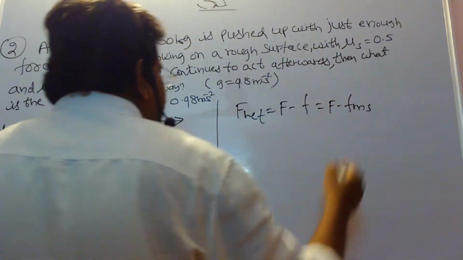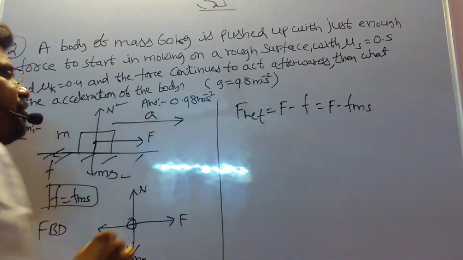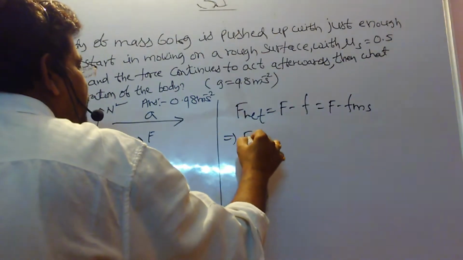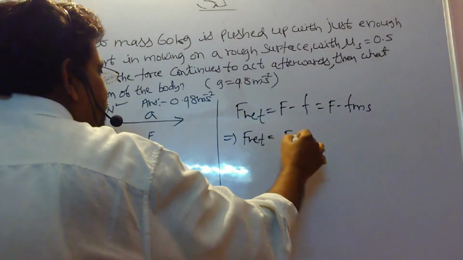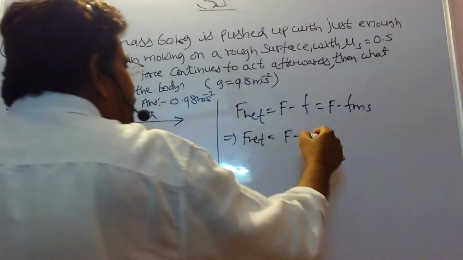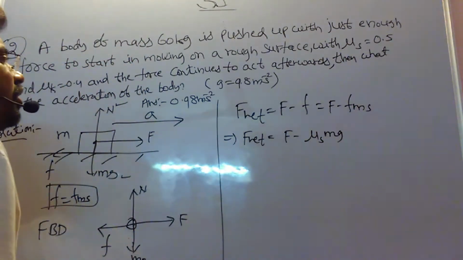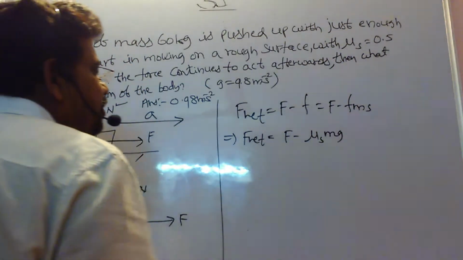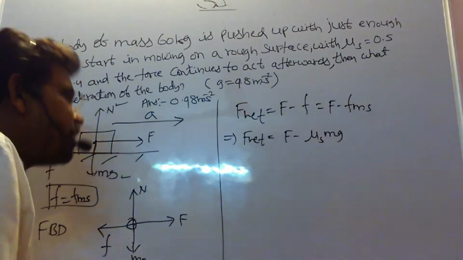I am taking the applied force as FMS, because only if you apply slightly more than FMS does it start. Now F net equals F minus FMS, and FMS is mu s into mg.